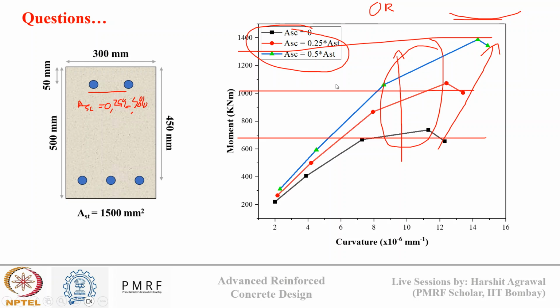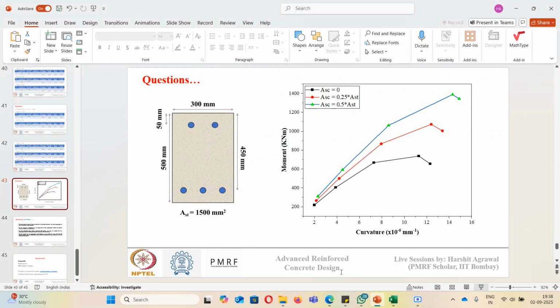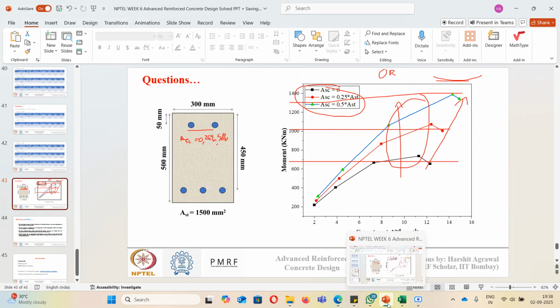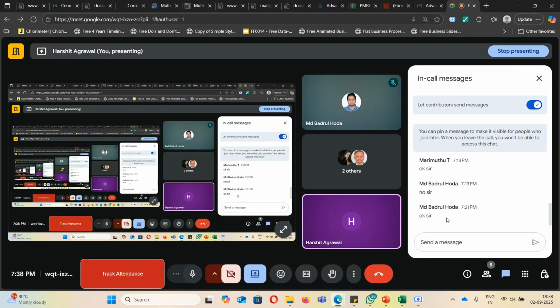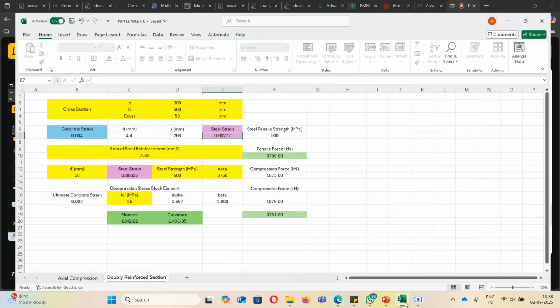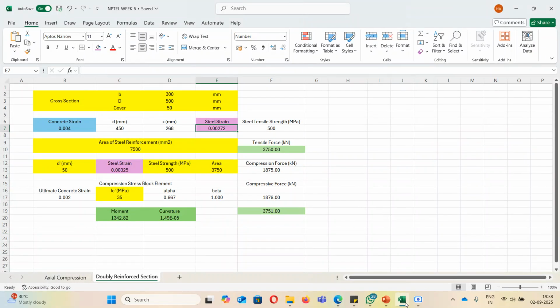Any doubt in this question? How we use the Excel sheet to do the calculation and what was the end interpretation of the result? Any doubt? Okay, this is something that you need to practice on your own. I have just shown you today how you can use this Excel sheet for simplifying the calculation.